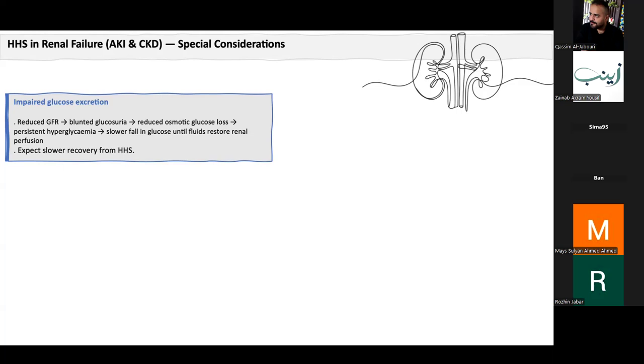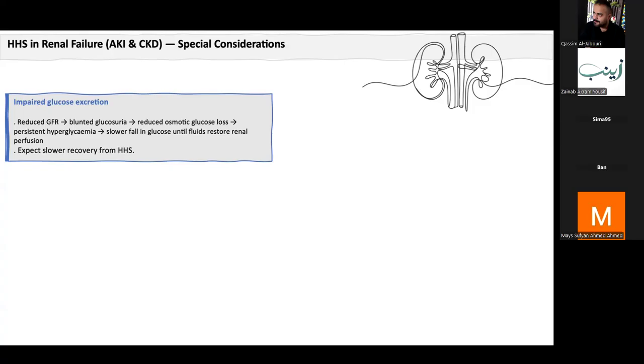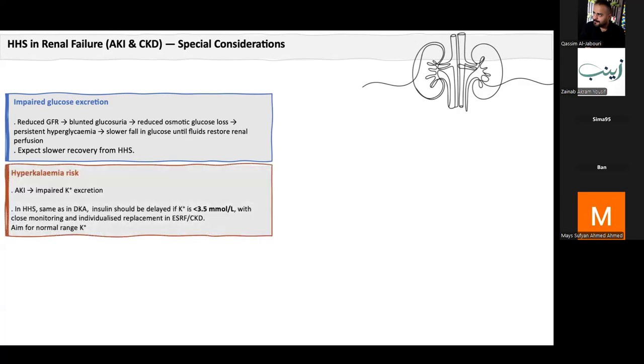So higher levels of hyperglycemia are seen in such patients, and they respond slowly to fluids. The glucose falls much slower compared to normal patients because of the longer time required to restore perfusion of whatever is left of the kidney with the fluid. So the HHS resolution takes longer compared to normal patients.